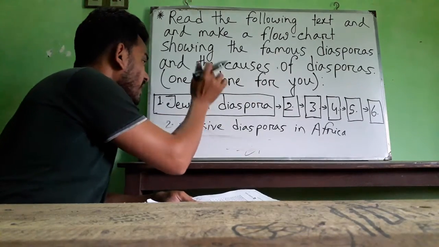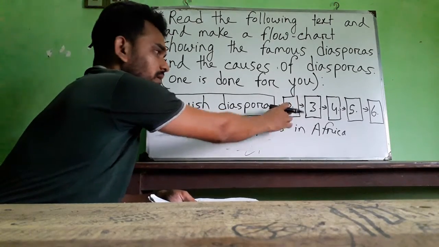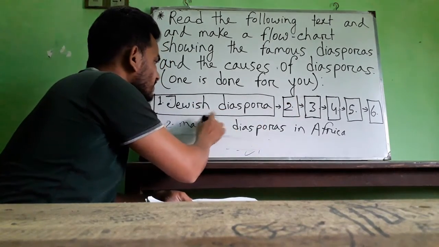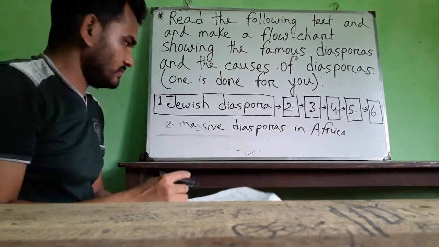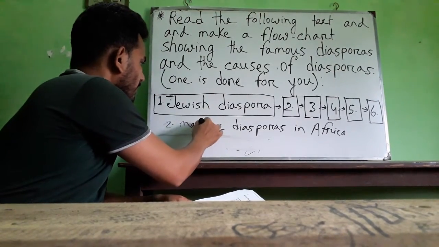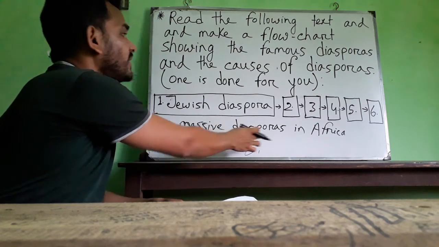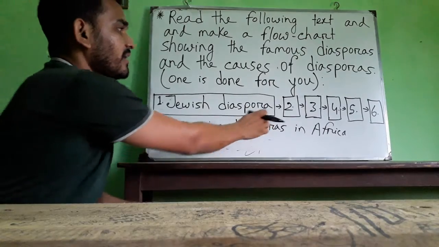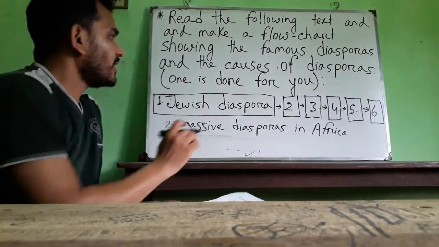For box number 2, you will write these words: massive diasporas in Africa.